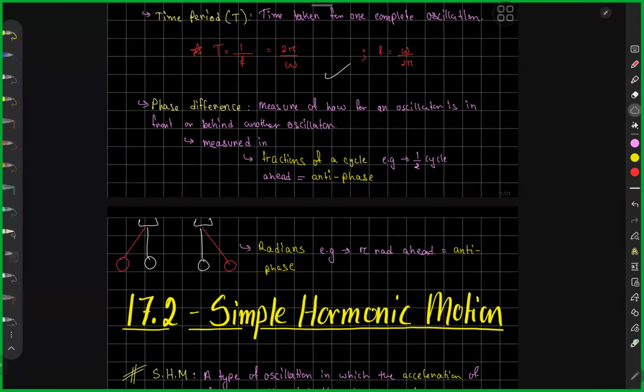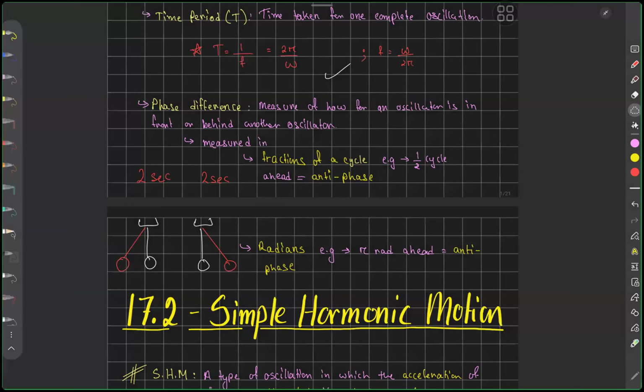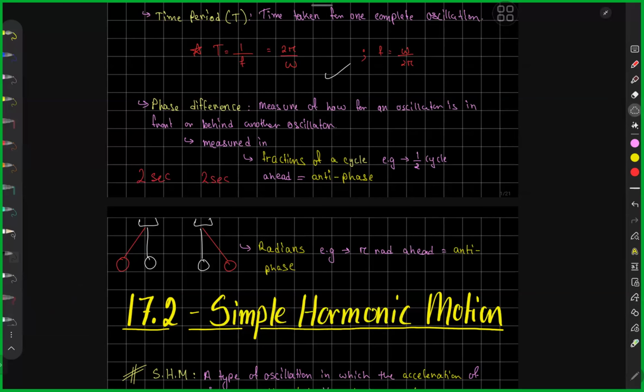For the first 2 seconds, I will show you the motion. Time starts, I start the time, and I start oscillating. 1 oscillation, 2 oscillation, 3 oscillation. So for this object, that is the motion of the bob.